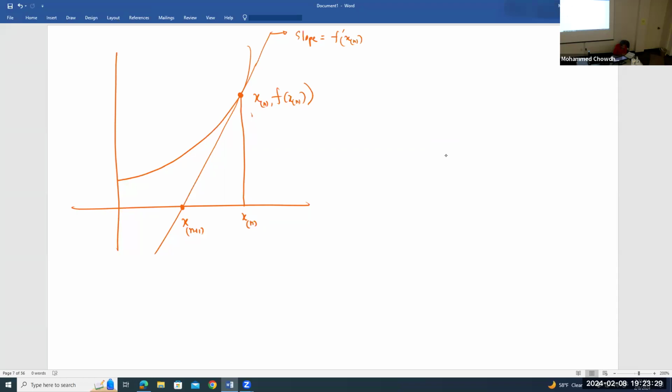These are the two pieces. So what is the equation of a tangent? The equation of a tangent is written y equal to, and this is the equation of a tangent.